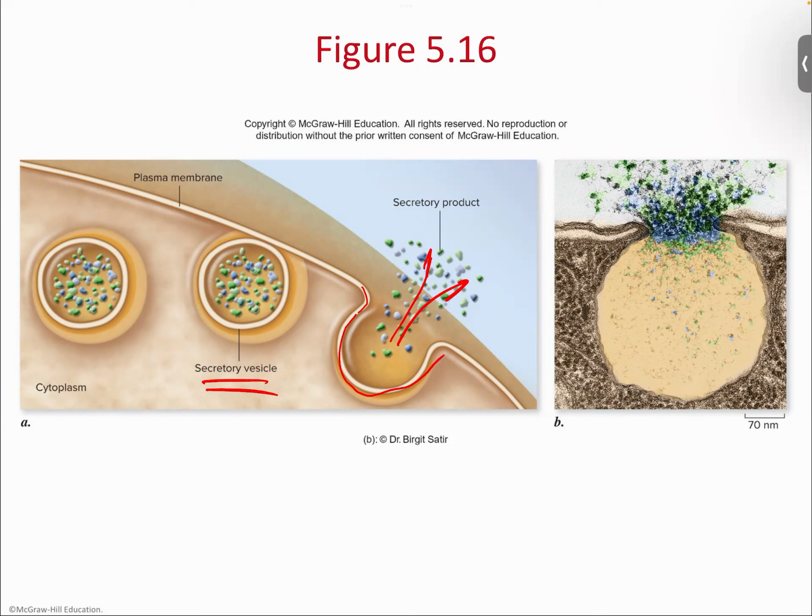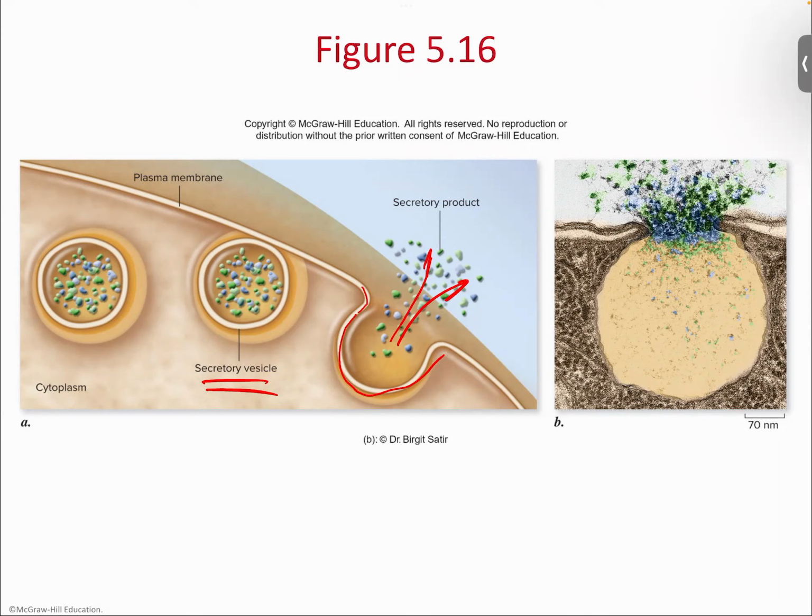And this is probably one of the coolest electron micrographs we have in the book, because this is actually an exocytotic vesicle caught in the act of secretion. It's very hard to do this, by the way, because when you're doing electron micrograph sectionings, you're just randomly taking sections and you just hope you get something good.